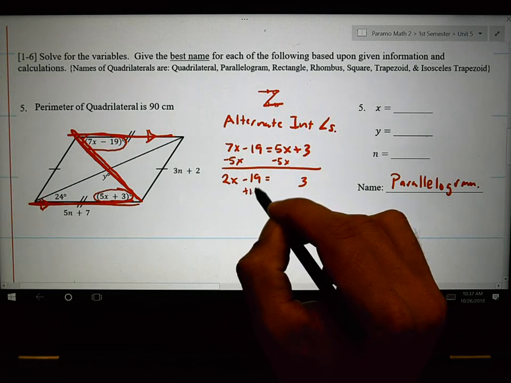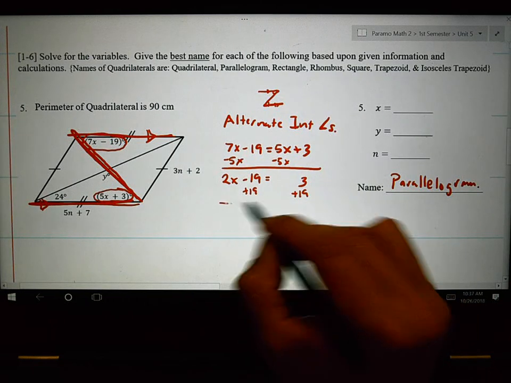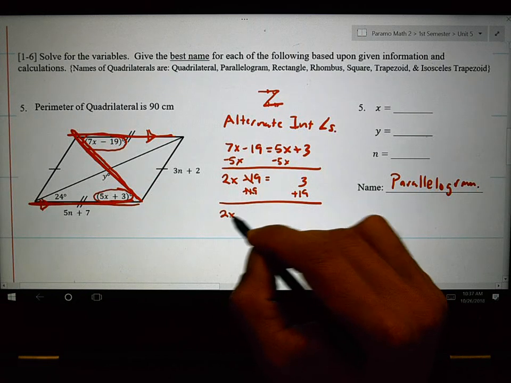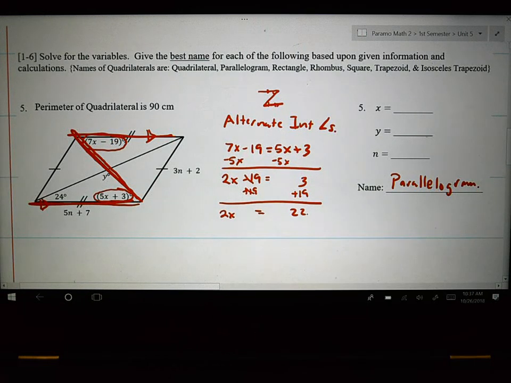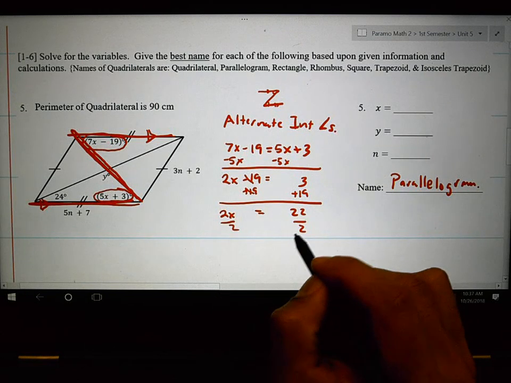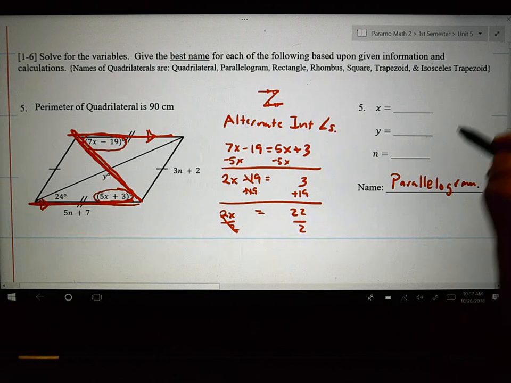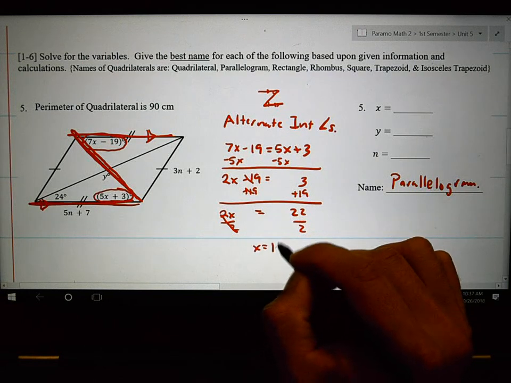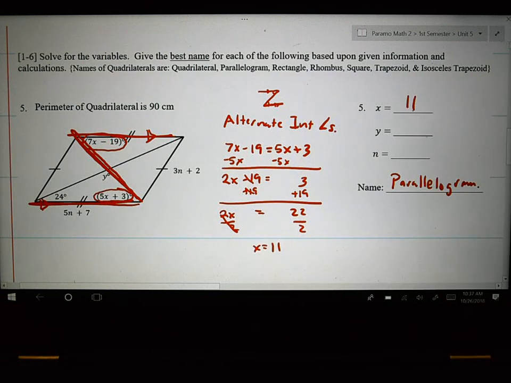I'm going to add 19 to the other side. So 2x is equal to 22. Since this is multiply, the opposite of multiply is divide. X is going to equal 11. Well, that is one part of the 3 parts we need to find.